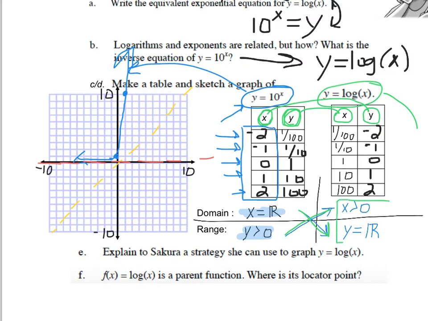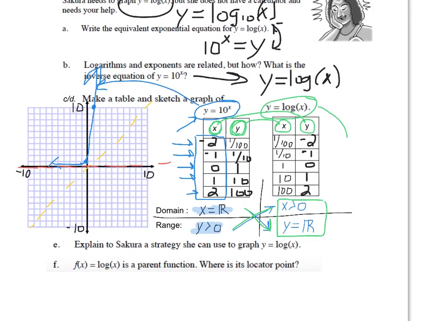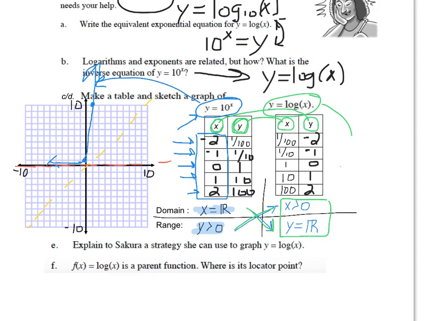And down here, our domain and range have traded places. So if we think about it, log base 10 of my input value, 10, has to equal, well, that's going to be 10 to what power gives me 10, and that's 1.